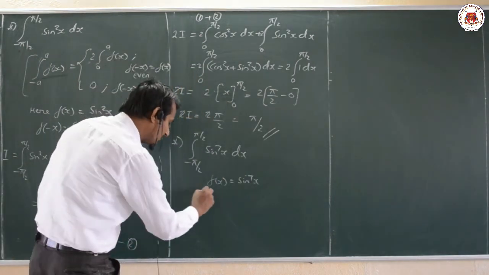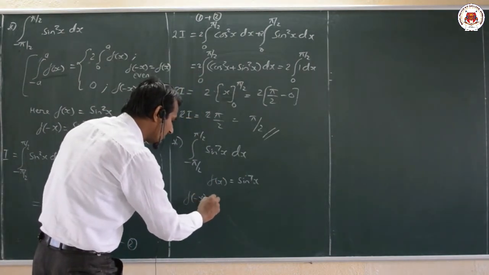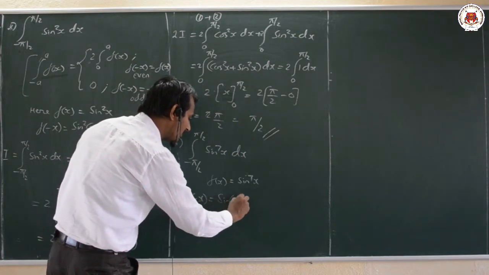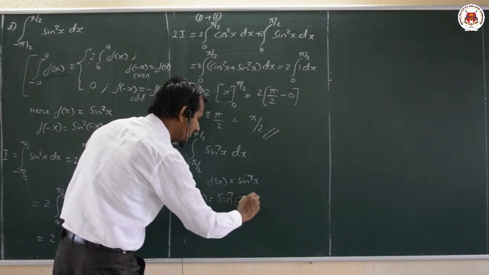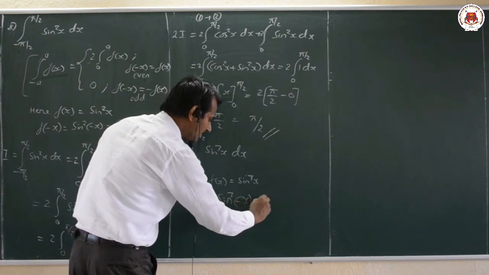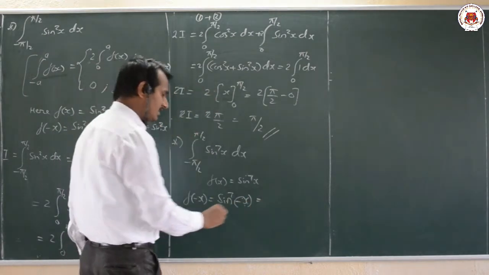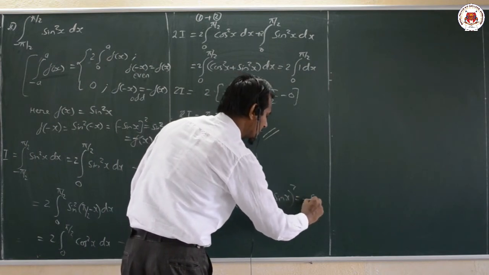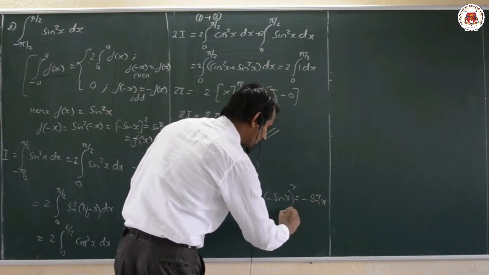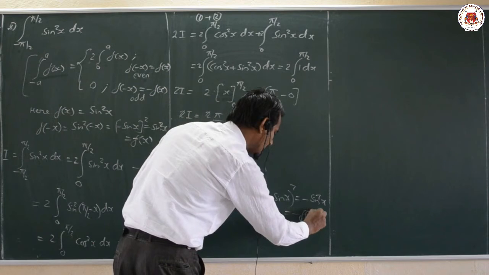Now that implies f of minus x is equal to sin to the power of 7 of minus x. Now what is the value of sin of minus theta, that is nothing but minus sin x whole to the power of 7, that is minus of sin raised to 7x, that is nothing but minus of f of x.